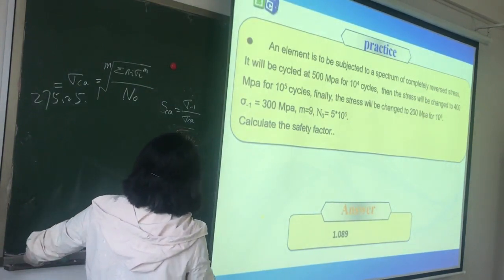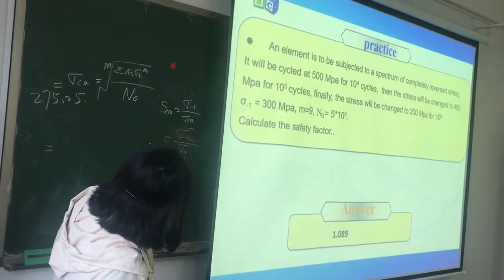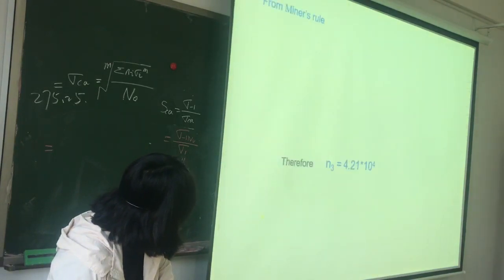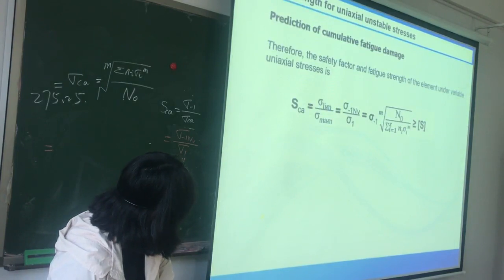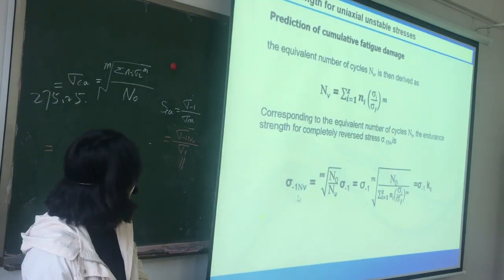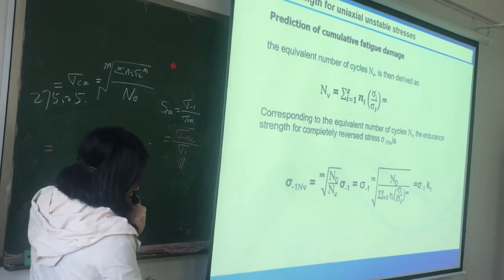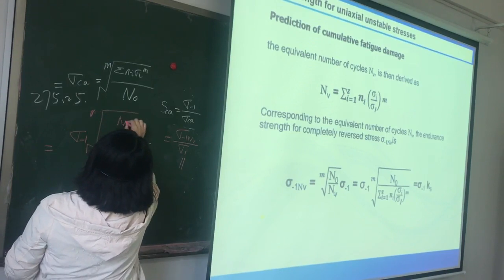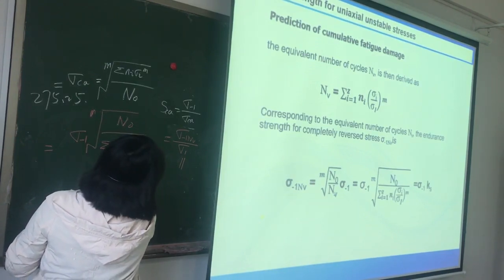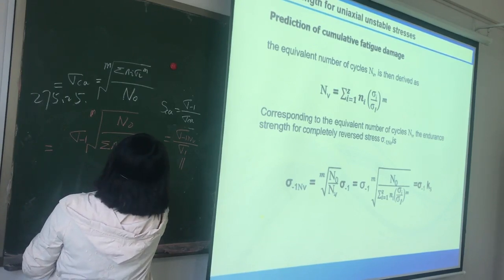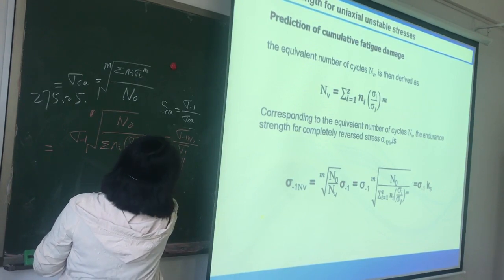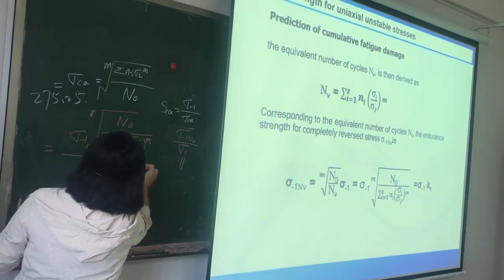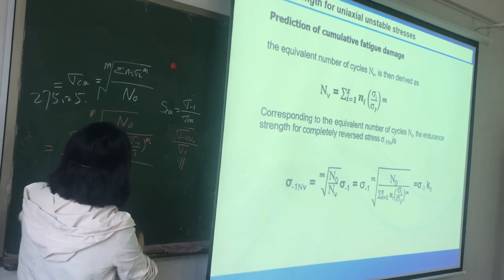Below, sigma -1 and weight in this equation can be expressed as sigma -1 times the m-th root of n0 over the sum of n_i sigma_i to the m's power, and then divided by sigma 1.